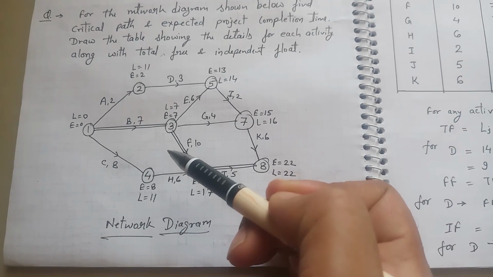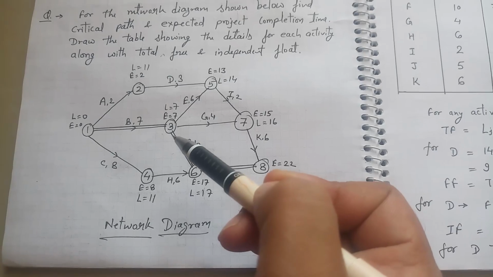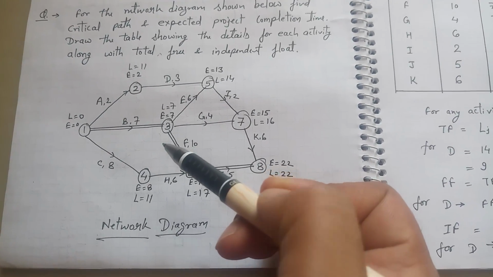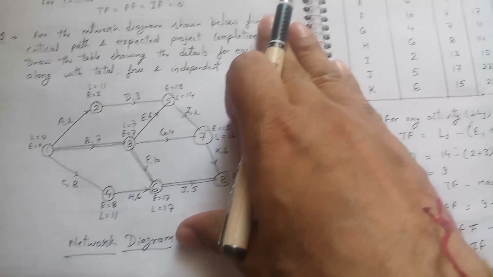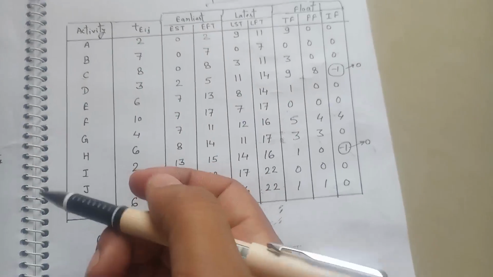Now we can solve this network problem and evaluate total, independent and free float for this problem. So come to this table.